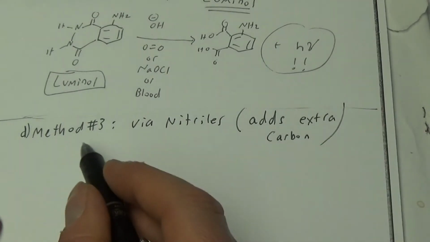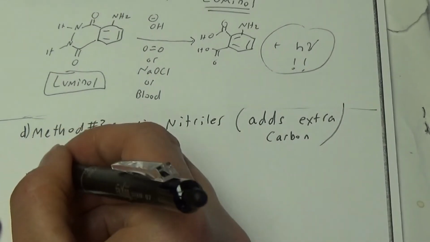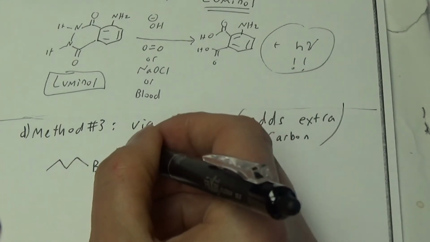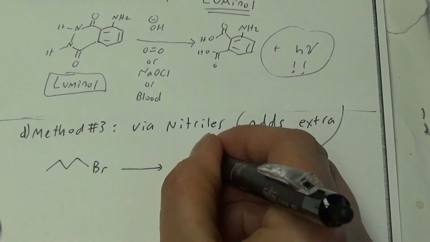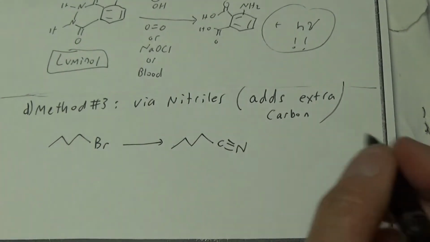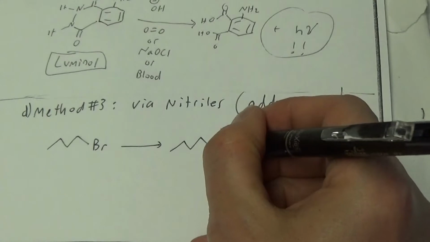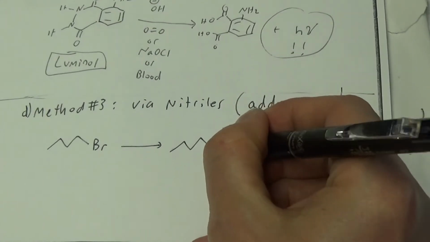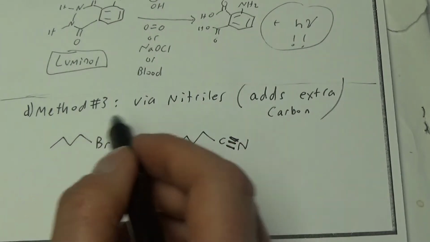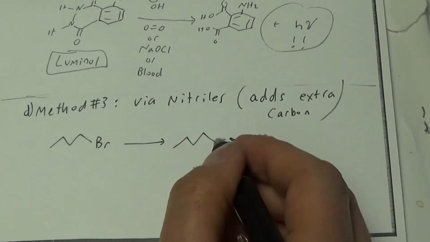So the method for method number 3 is, let's just start with 4 carbons and a Br, and then let's do another SN2 reaction. How do we make a nitrile? Nice linear nitrile, don't draw it bent. How do you make a nitrile? 4 carbons in, 5 carbons out: 1, 2, 3, 4, 5.